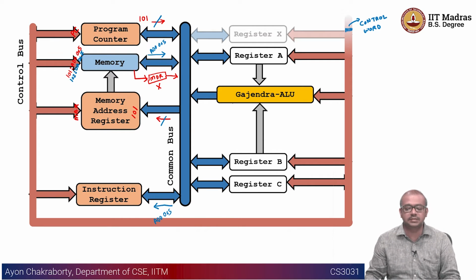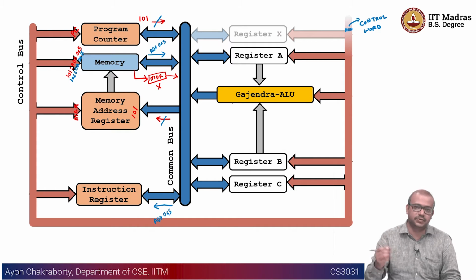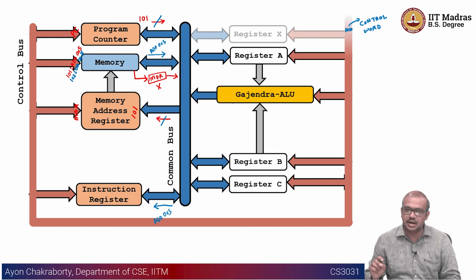So in those cases, the program counter is going to be loaded by where it jumps to. There is a necessity to control that as well, and the control bus has dedicated bits for doing that.